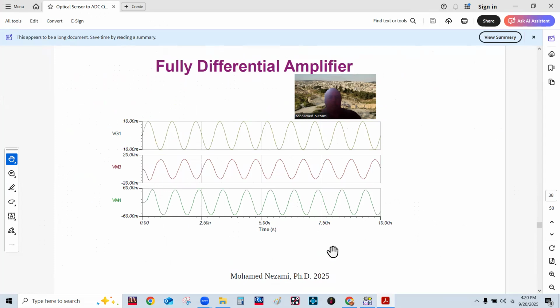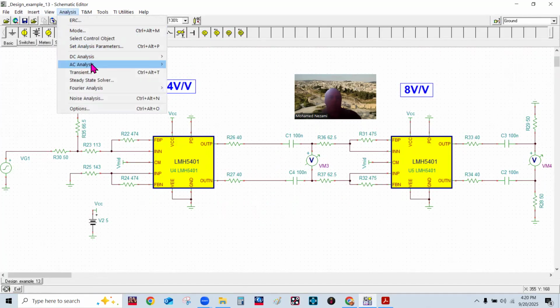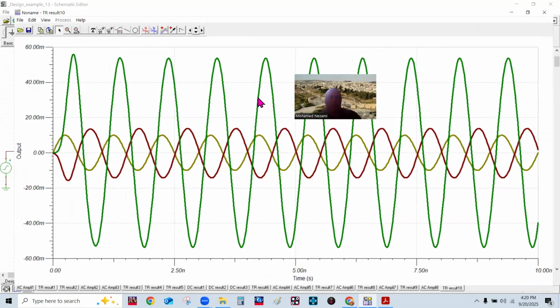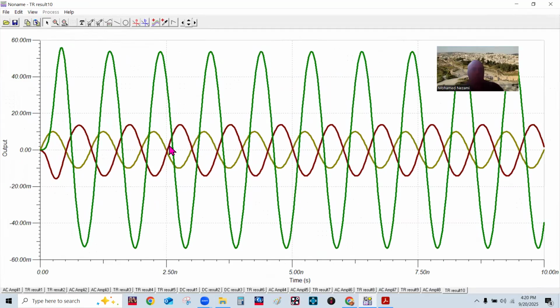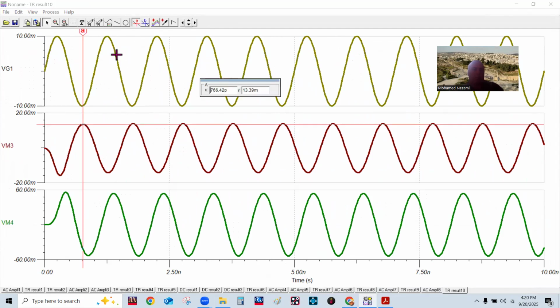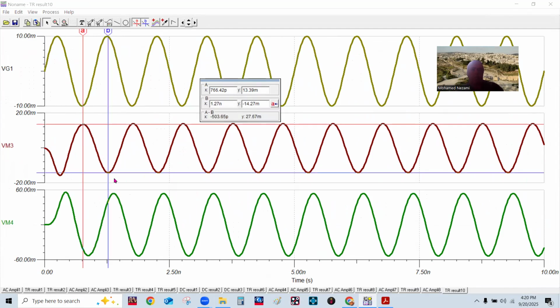Let me go back and look at the AC response. You can see here now how nice and symmetrical this is differentially, and the output is of course doubling. This is the input, and I didn't draw the differential output, but you can see this.